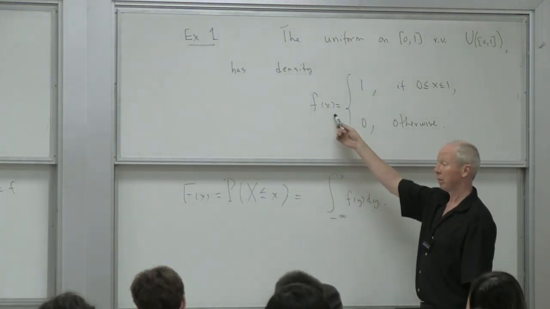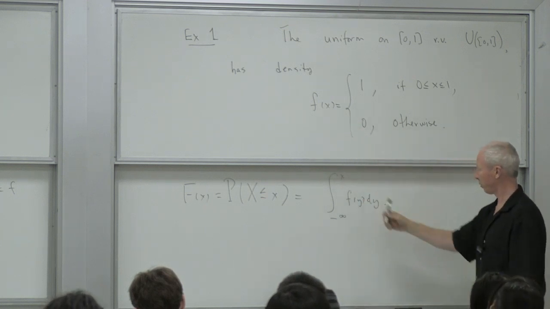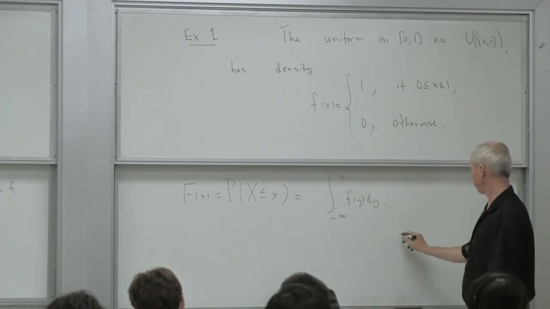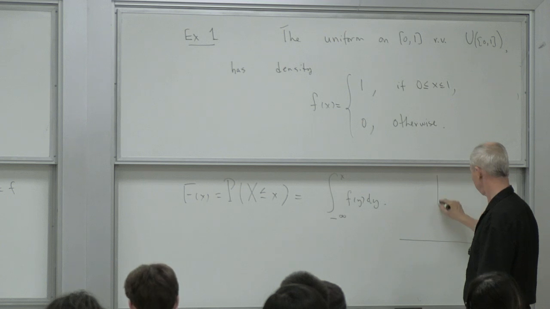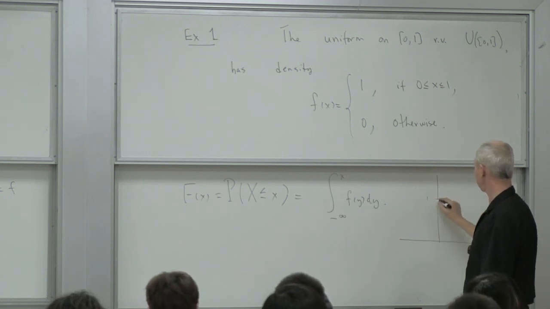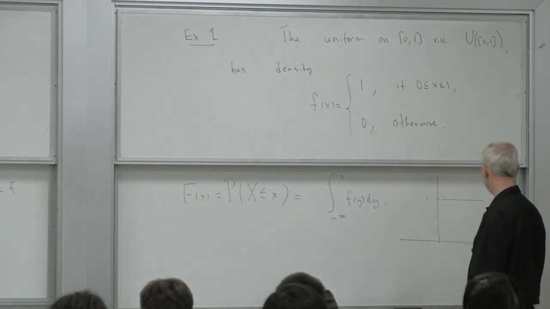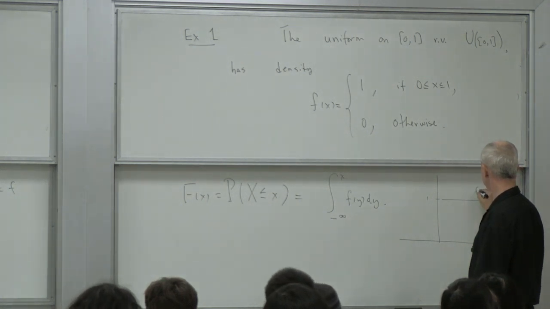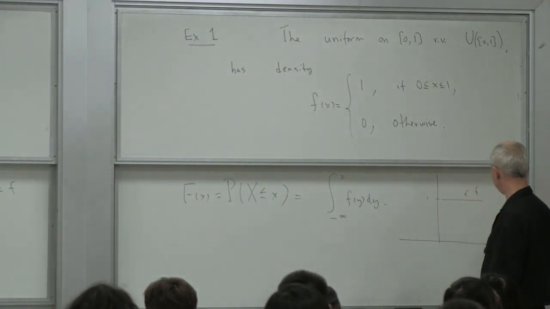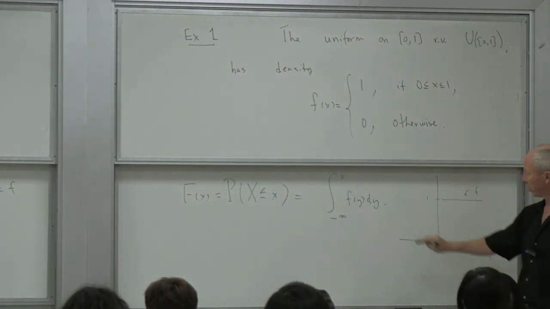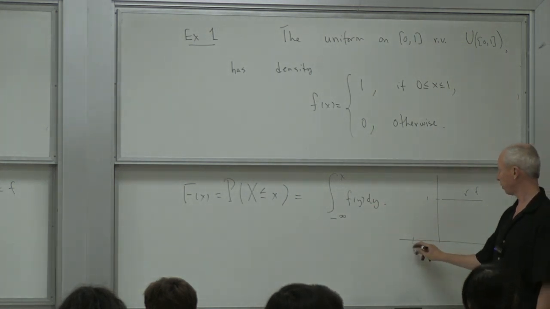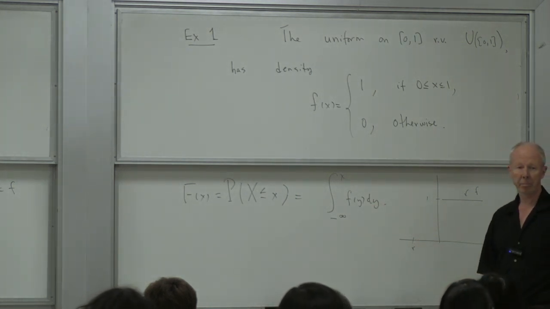Now, for this particular example, what does this function look like? The density function looks like that. Here's the graph of little f. It's 1 here and 0 everywhere else. So what does this integral look like? What would it look like if I take a little x over here?